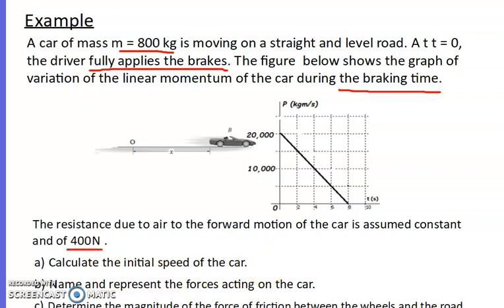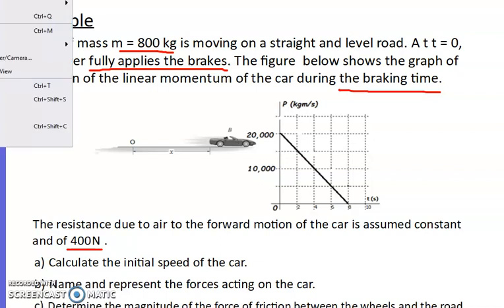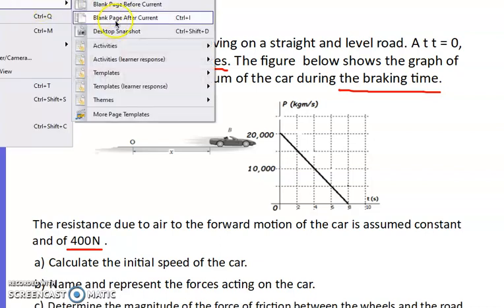Okay, let me take a new page here, white page. So part A, initial speed means at the instant t equal to 0.